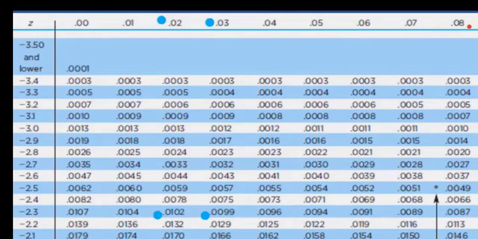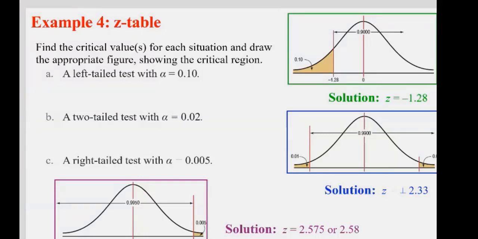And the last question on this page is asking about a right tail test with alpha of 0.005. The right tail test with 0.005 is the same as the left tail test being 0.005, and then you negate that, or you can go to the positive side. It really makes no difference as long as you are comfortable with the concept of symmetry.